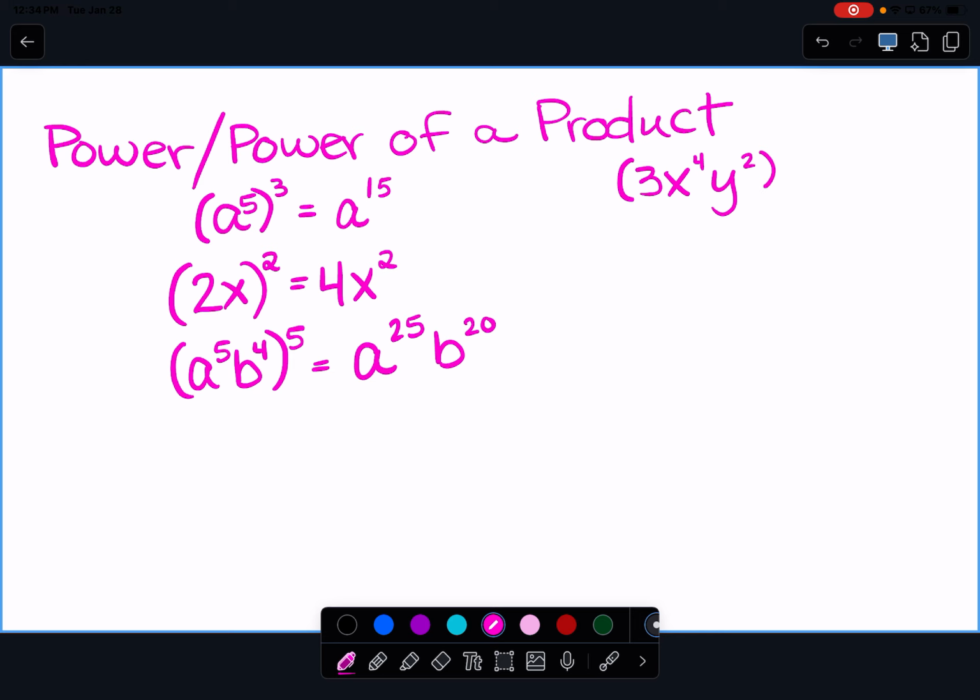All right, so we have (3x to the 4th, y to the 2nd) to the 7th power. That is going to be a big number. What is 3 to the 7th power? No, it's not 21. 3 times 7 is 21, but 3 to the 7th power is... That's a calculator question.